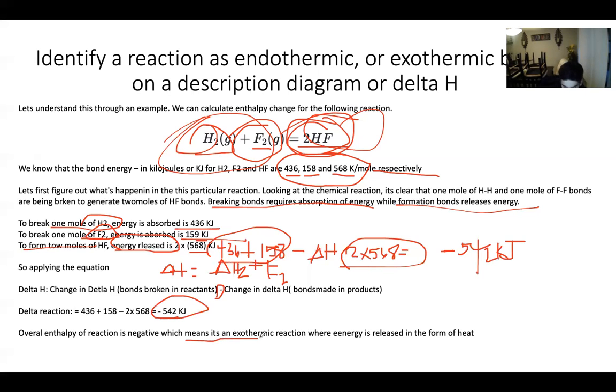This means that it's an exothermic reaction, which means that energy is released. We are releasing 542 kilojoules of energy. Does that make sense? Yeah, it makes sense.